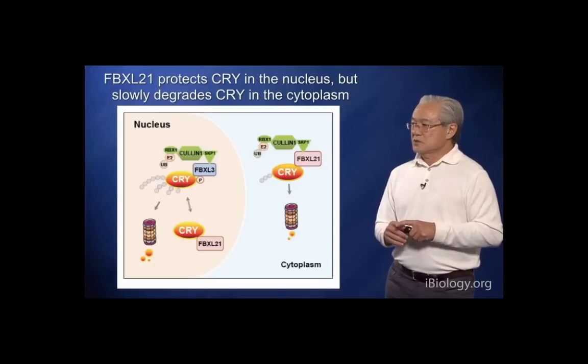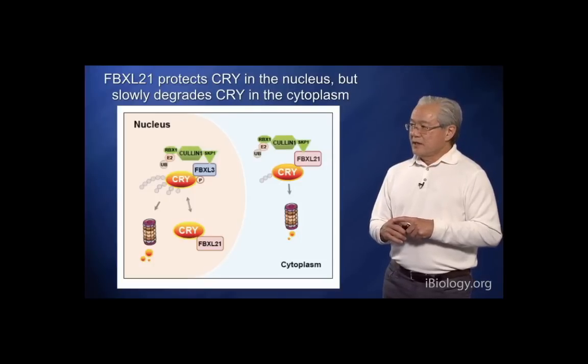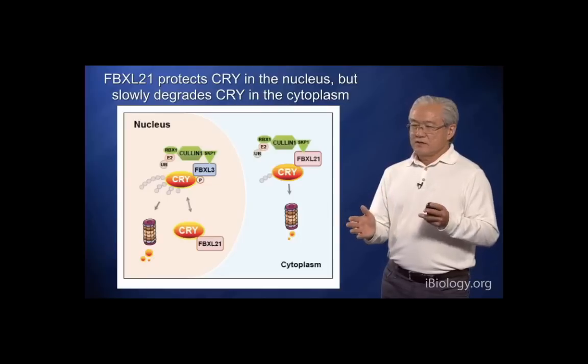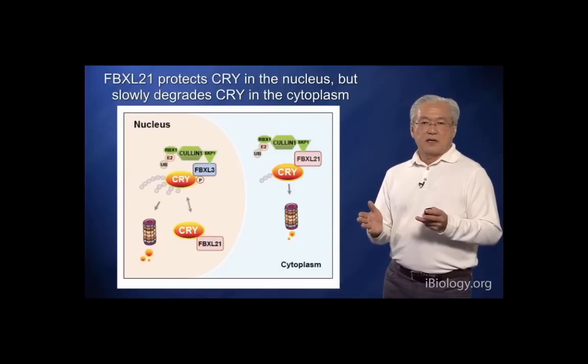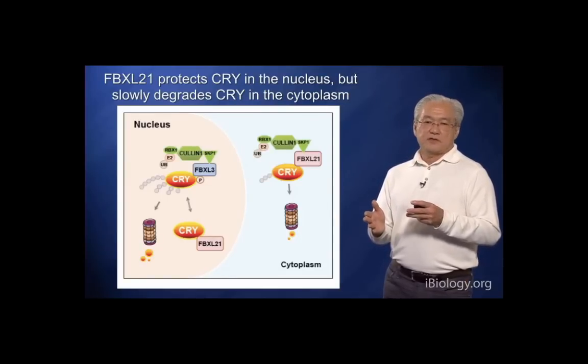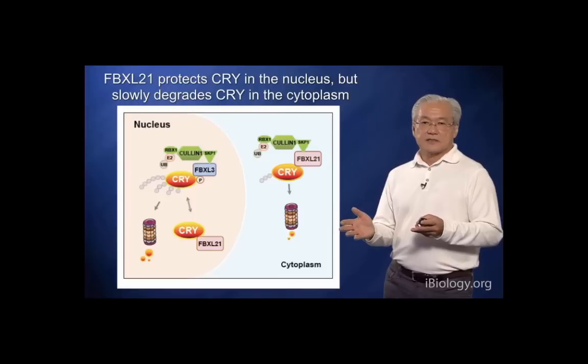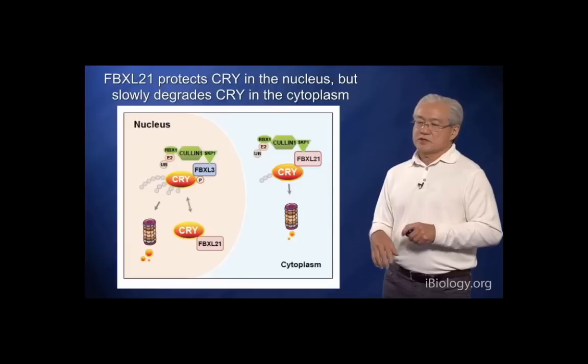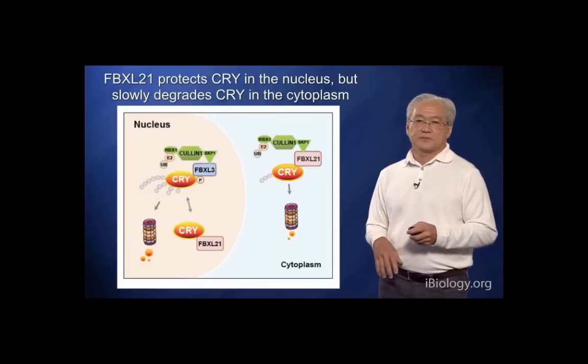So that was a little bit surprising. And the second is that related F-box proteins might have very different functions in the cell, both in location, but also in their effects on the clock system, even though they look very similar at the sequence level.